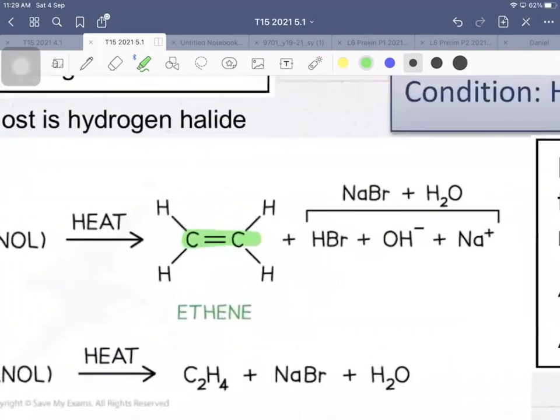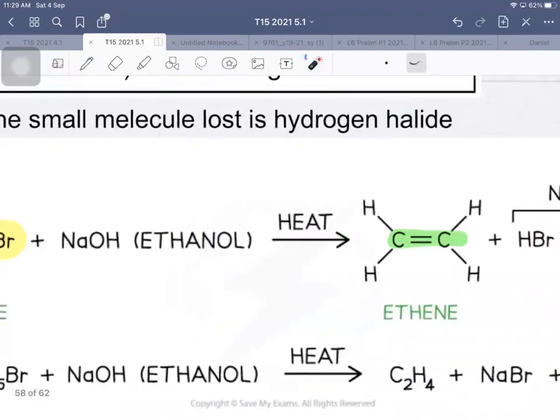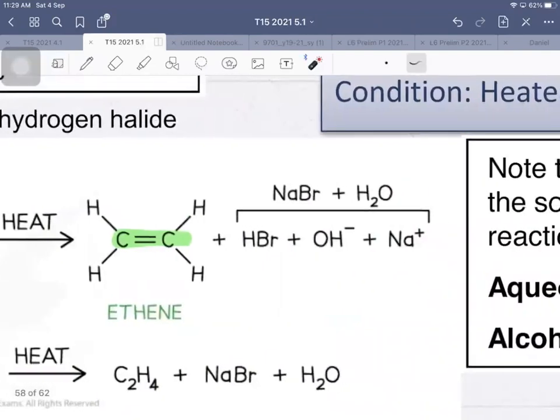As mentioned, you lose H+, you lose Br-. The hydroxide ions come from the NaOH, and the Na+ also comes from NaOH. And when they combine, they become NaBr plus water.